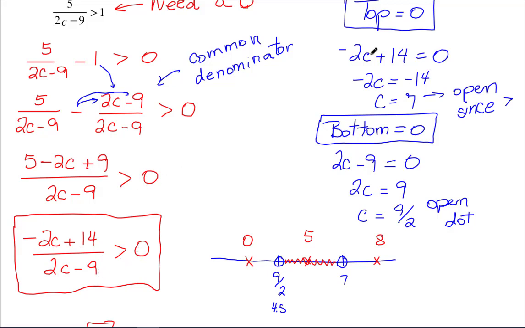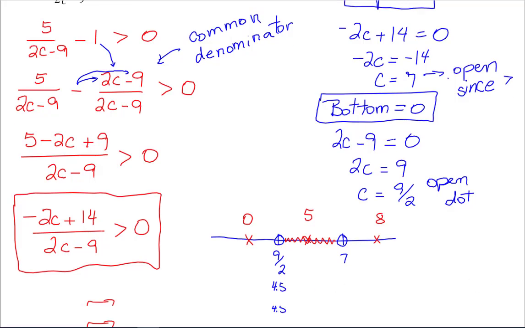All right, set the top to 0. That's pretty easy. I get c is 7. That's an open dot because of the original inequality. What makes the bottom 0? That's 9/2. That's an open dot. 9/2 is really 4.5.